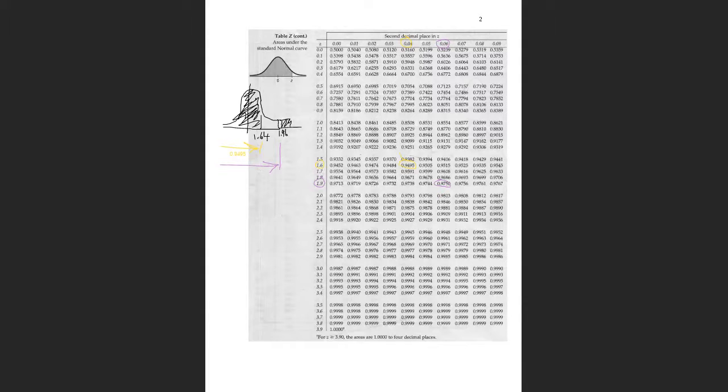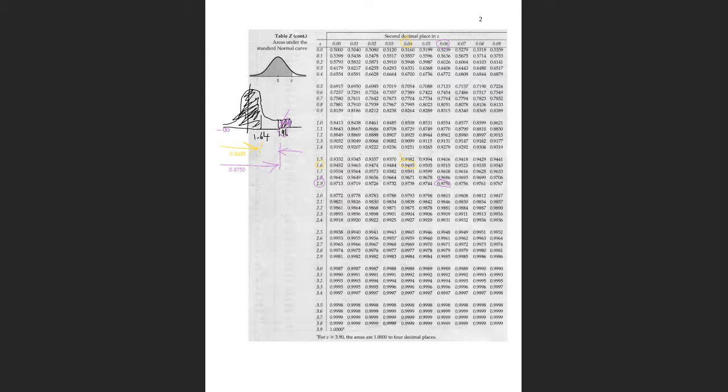The problem is 0.9750 is from negative infinity up to 1.96. It's not this area. You see, so in order to get this purple area, I still need to get this balance here. So that's why I do the 1 minus 0.975.